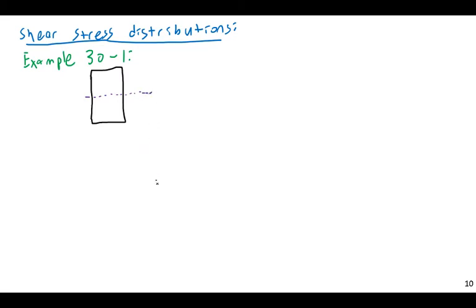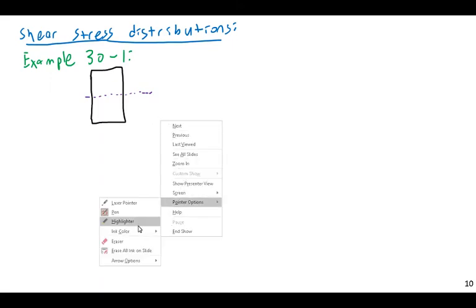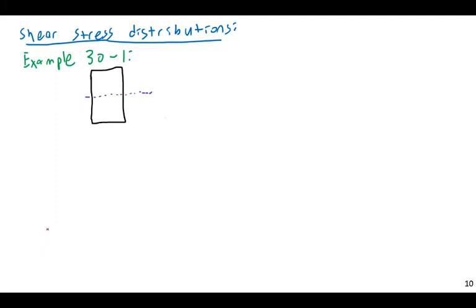Let me illustrate this, doing my stresses in red like I like to. Again, this is the neutral axis. I would have actual shear stress arrows going vertically down here.